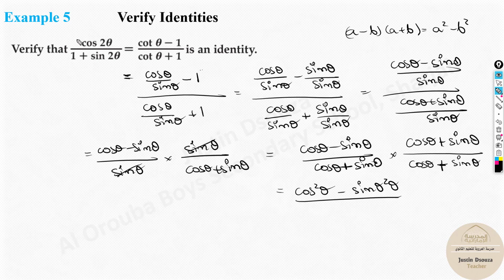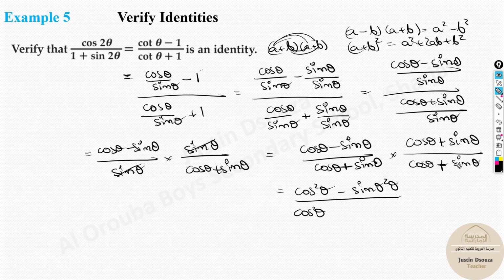You can either do the FOIL method, that is, say over here, a plus b, a plus b. You can just multiply like this, the FOIL, and you will get the same answer. Or a plus b and a plus b is a plus b the whole square, that is a squared plus 2ab plus b squared. Now if you do the FOIL, it will be cos and cos, it's cos squared theta.